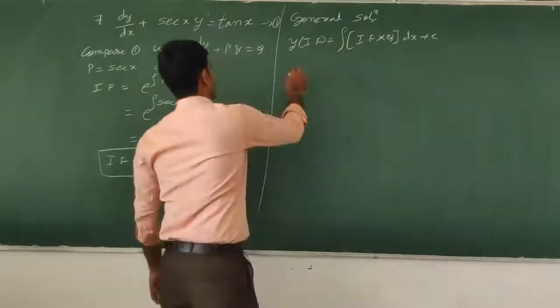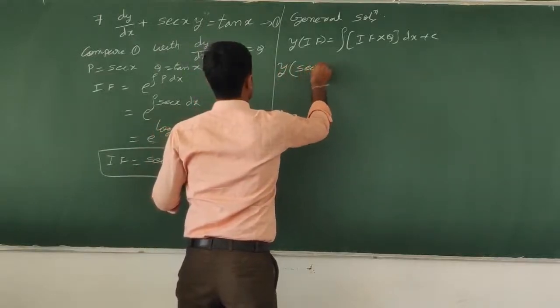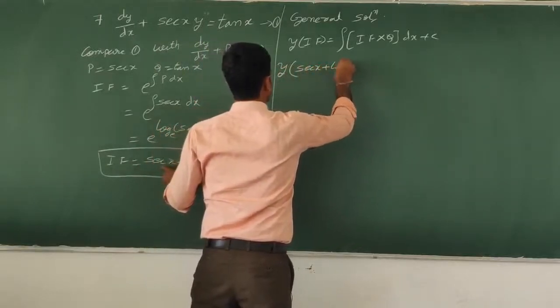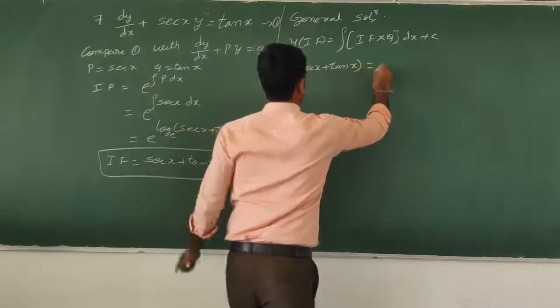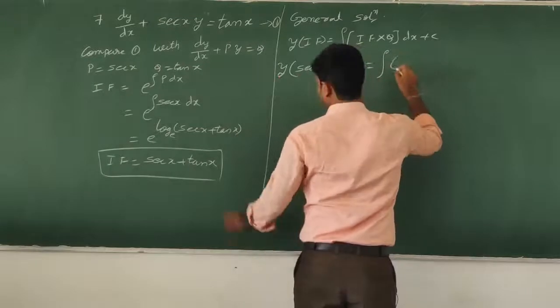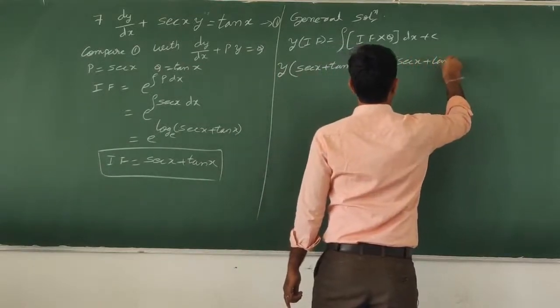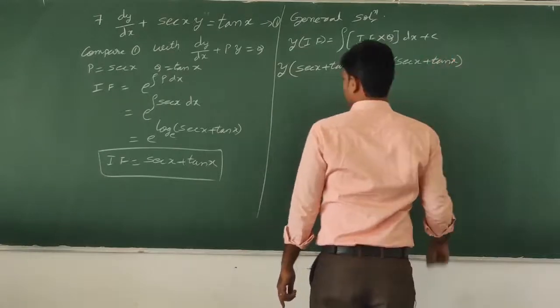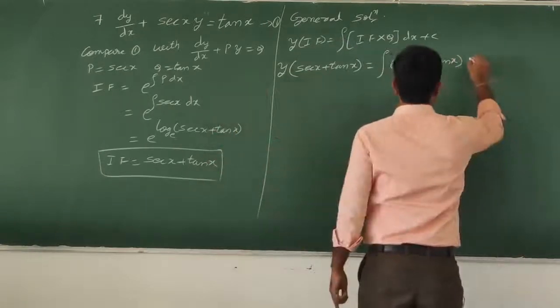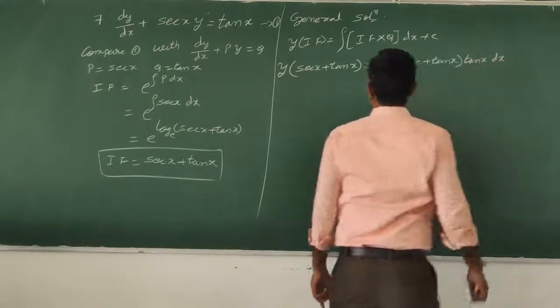Then we have y into integrating factor, which is secant x plus tan x, is equal to integration of integrating factor, that is secant x plus tan x, into q, which is tan x, into dx.